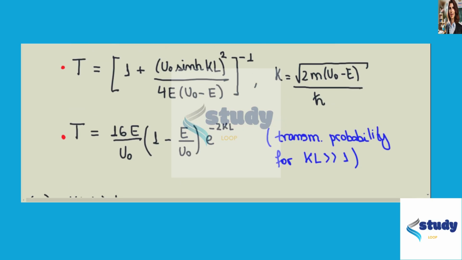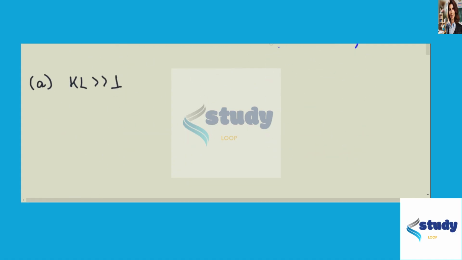So basically, I'm going to take the first equation, and then I'm going to impose that KL is much greater than 1. First, notice that the hyperbolic sine of KL is equal to 1/2 of e to the KL minus e to the minus KL. And when KL is much greater than 1, e to the minus KL tends to 0, so this is approximately 1/2 of e to the KL.